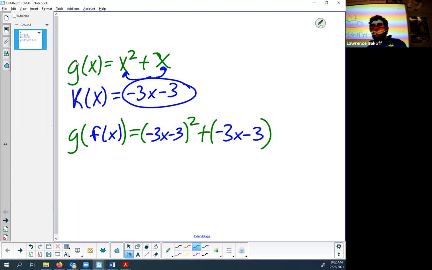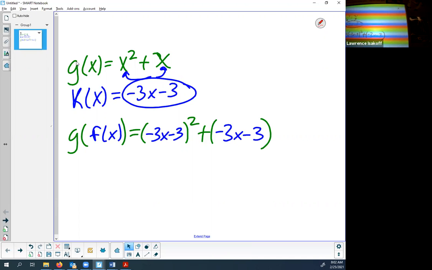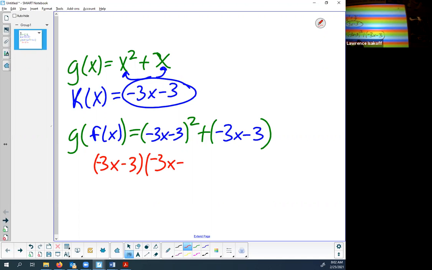Here's the biggest area you guys are going to have trouble with because I'm squaring this. Essentially, what I have to do is write it twice. Negative 3x minus 3 times negative 3x minus 3. And then this can just be minus 3x minus another 3. We're going to have to use FOIL on this.